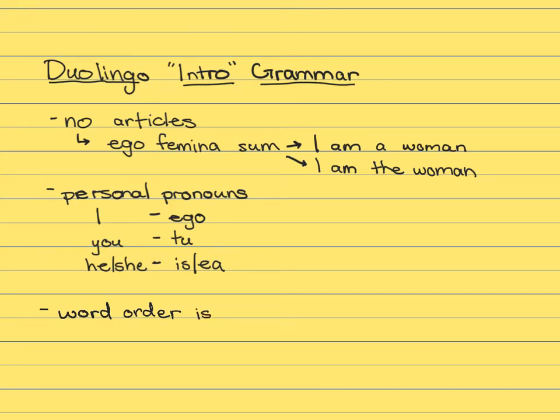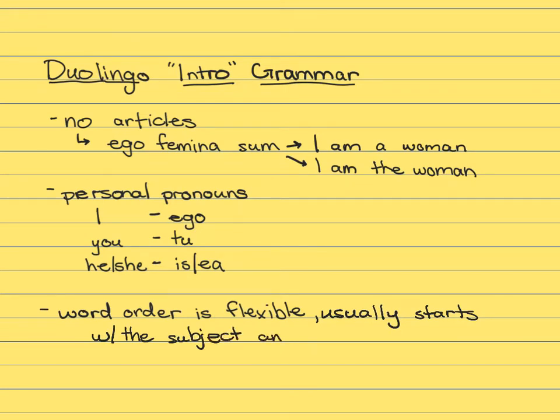Word order in Latin is flexible, meaning there isn't necessarily one set way to do things, but usually a sentence starts with the subject and ends with the verb.